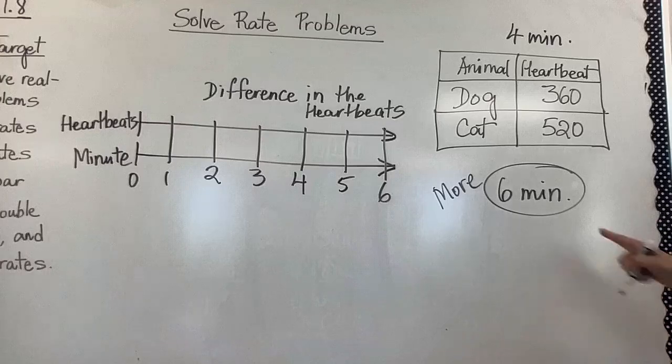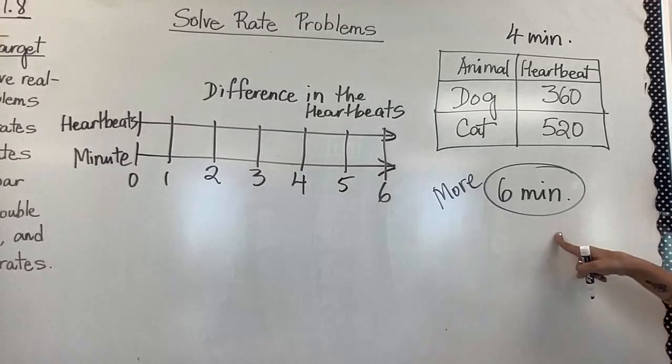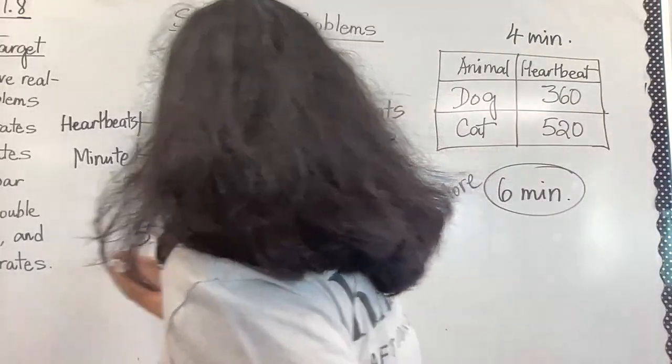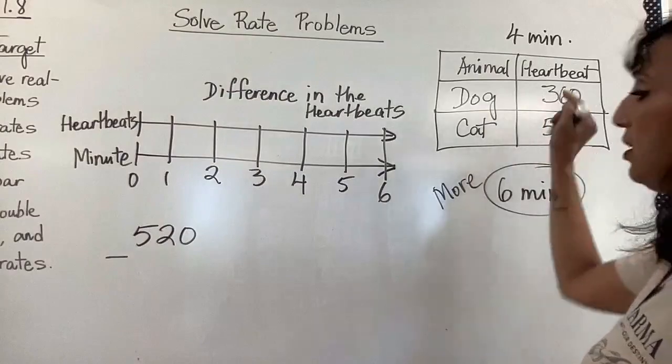Because they're talking about how much more in 6 minutes. All right, so in 4 minutes the cat's heartbeat is how much? 520. Look, minus the 360.